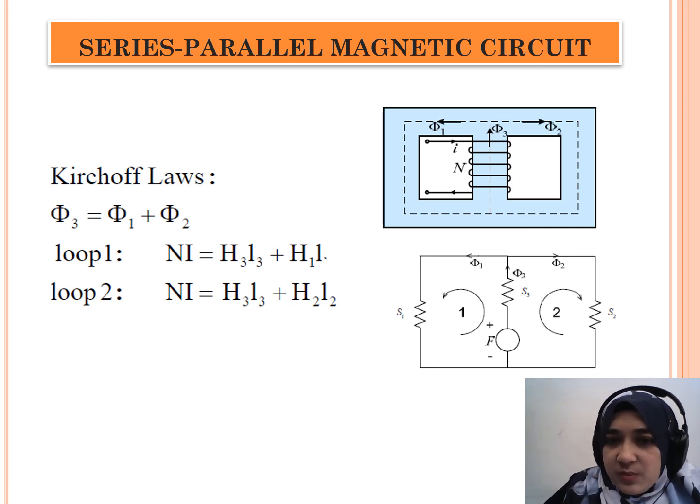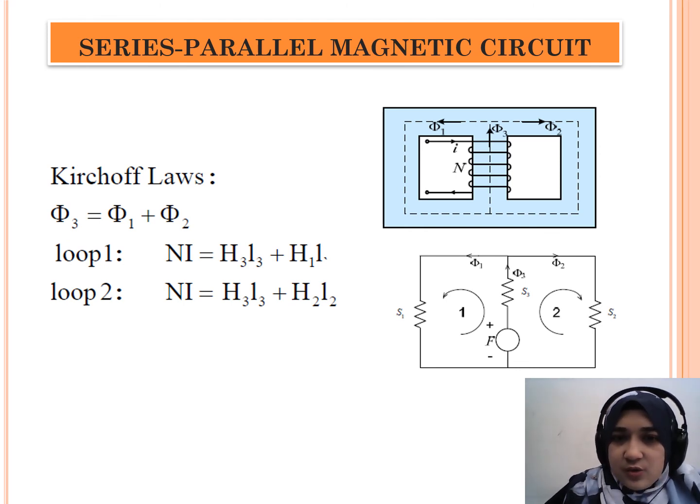The core is in the middle, so the coil is here in the middle as F. And the reluctance, you got first reluctance S1 and second reluctance S2. And you don't have the air gap, so this one is S3.